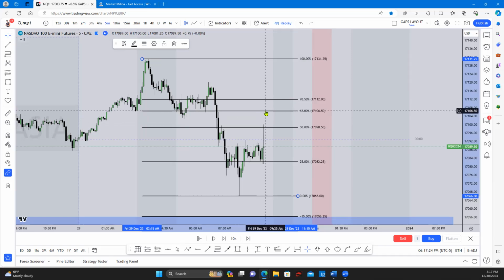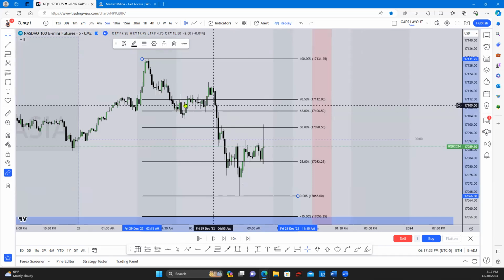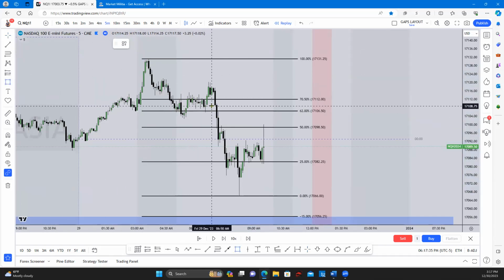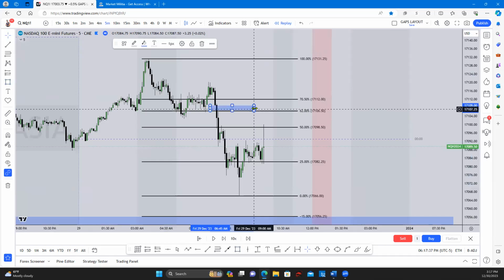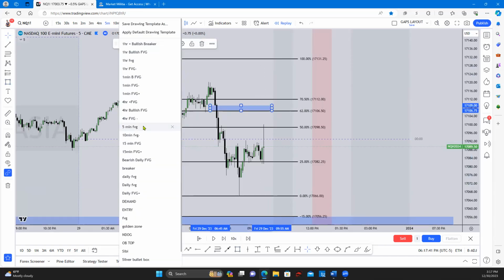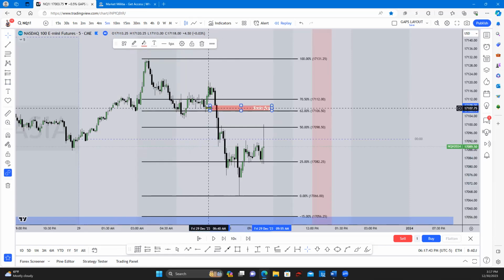You want to look at 62 to 70.5 as an area for entry. I was looking at 62, which lined up with this 5-minute bearish fair value gap. So I have this 5-minute fair value gap. We have this order block in this area.